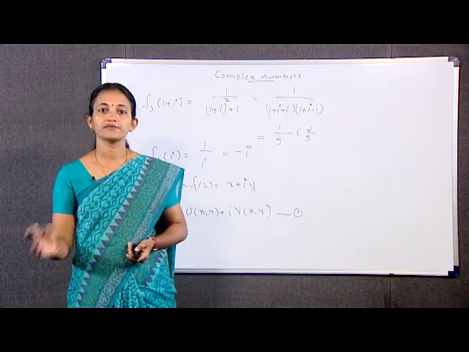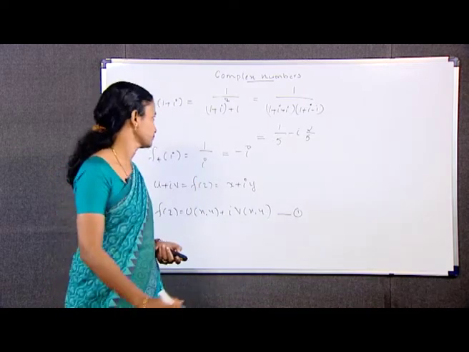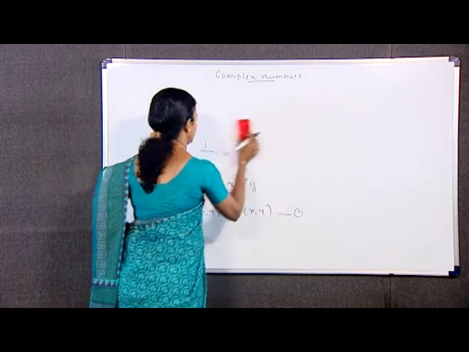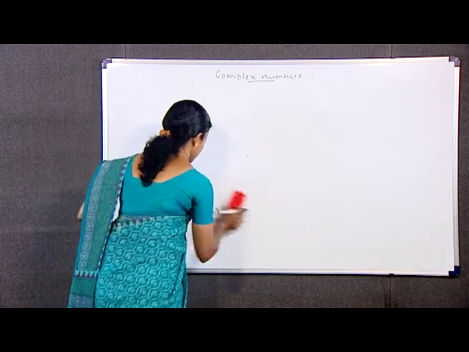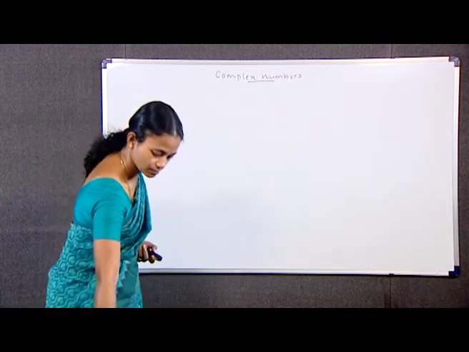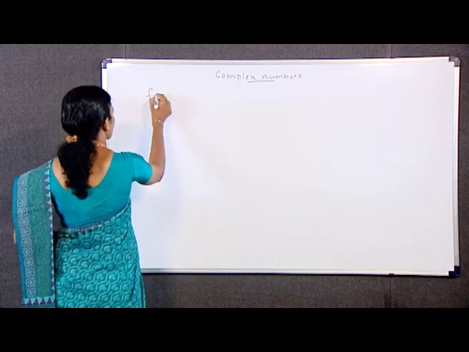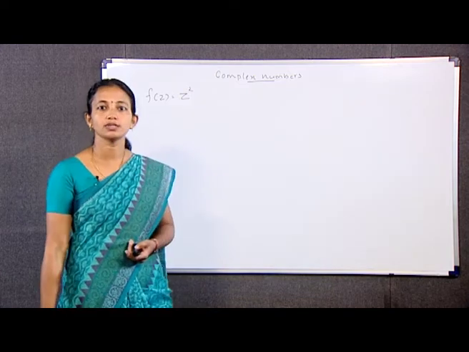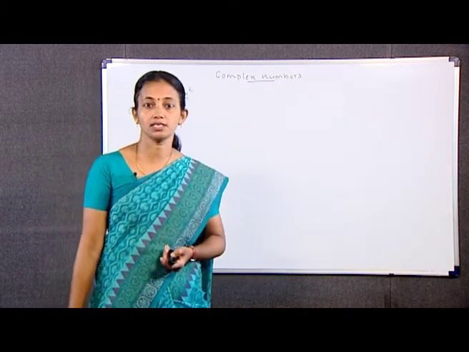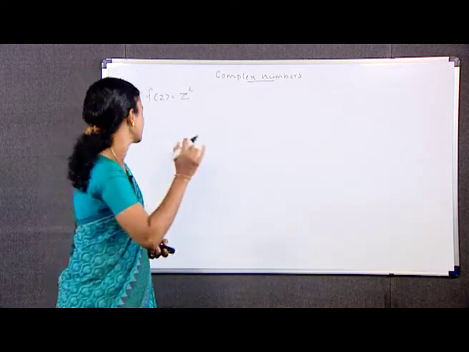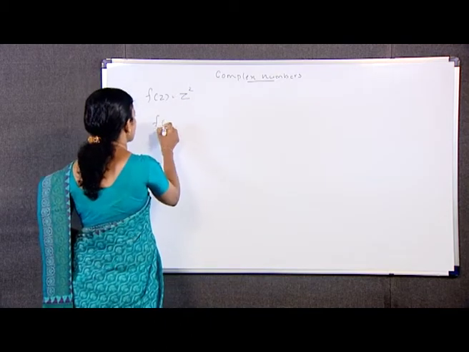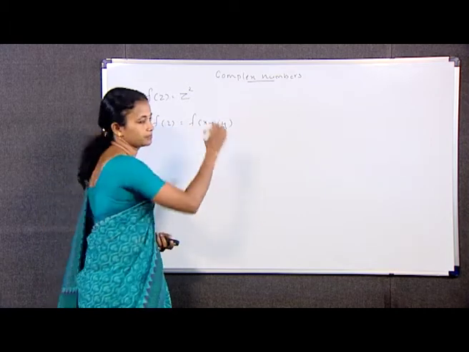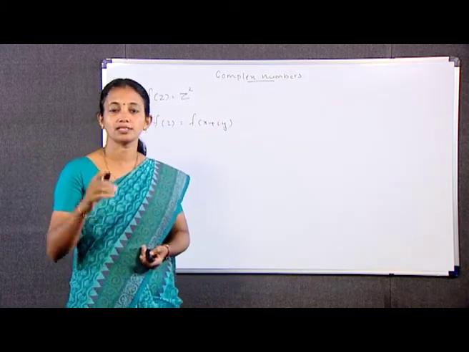Next example, if f(z) is equal to z square, then we have f(z) is equal to f of x plus iy, which is equal to (x plus iy) whole square.